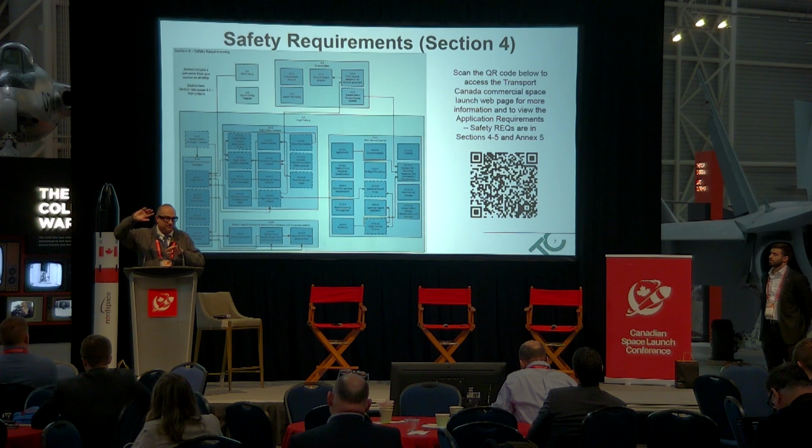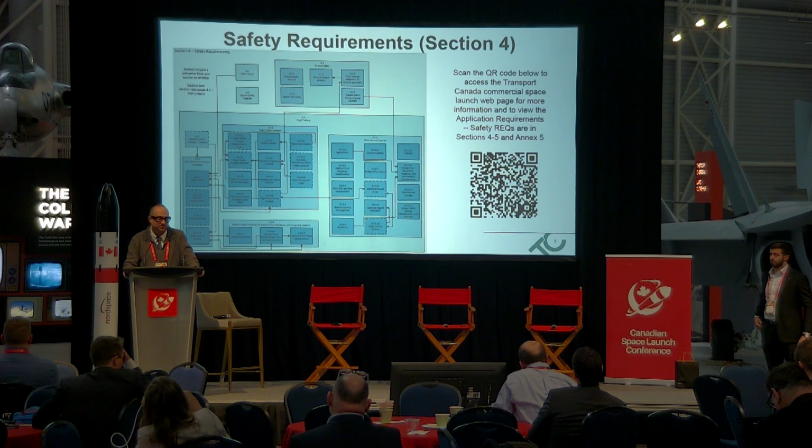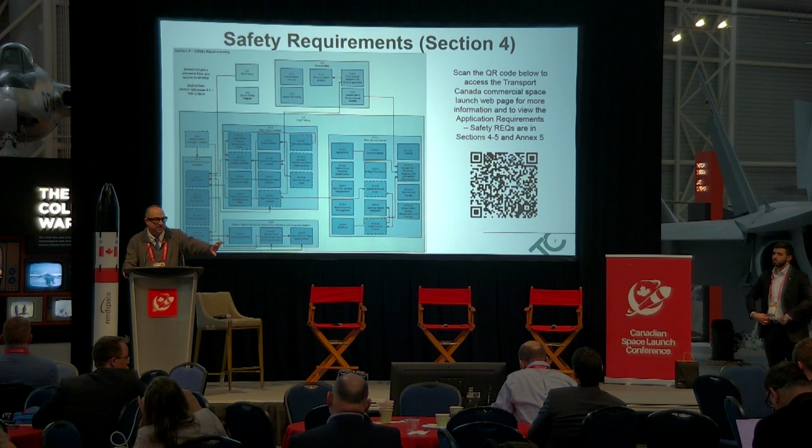Not that ground safety isn't, but the one above in a small box is the ground safety requirements and subsections, and then you have the actual risk criteria. And then section 5 is the spaceport or launch site safety, like the energetic liquids, explosive siting, lightning protection systems. And finally, Annex 5 is all the orbital safety requirements.